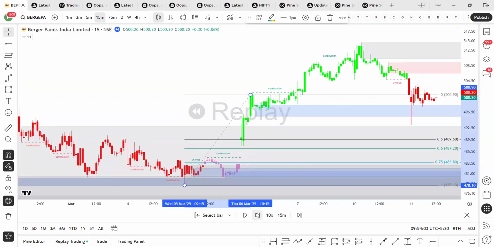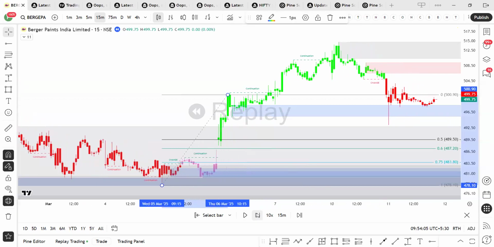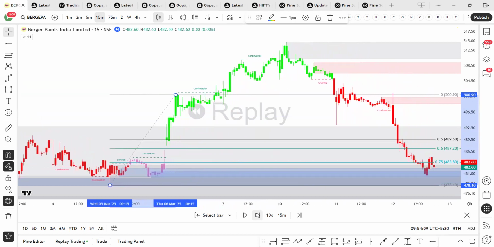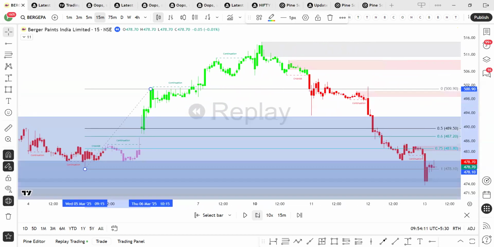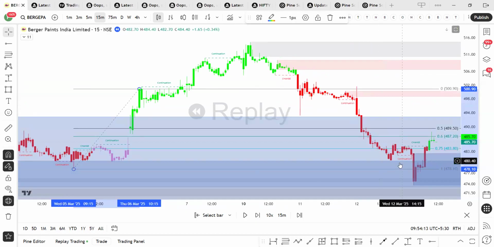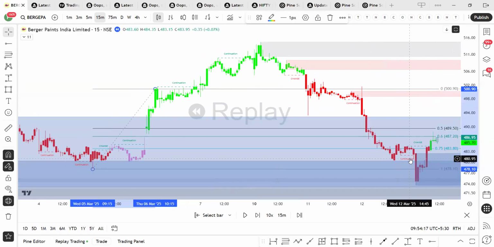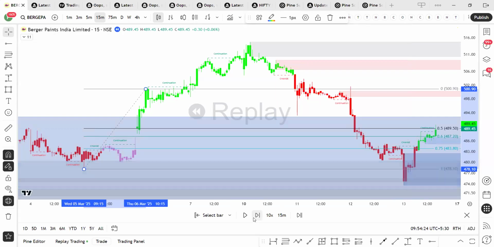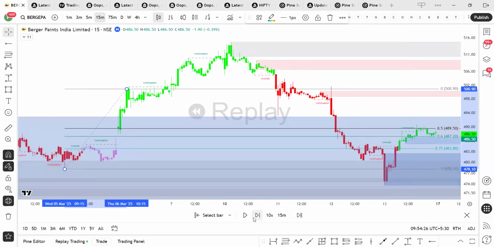Now again it started coming down. Now if it turns green again and I want to buy again, because daily time frame will be still green at this time, I will look for retracement entry based on 15-minute chart, and I got the entry here, right?